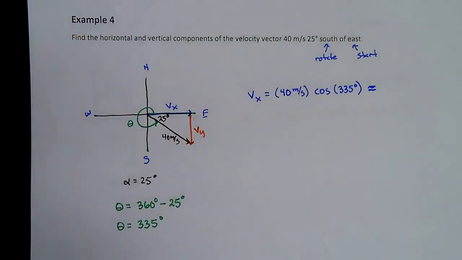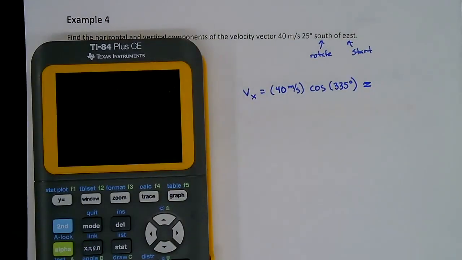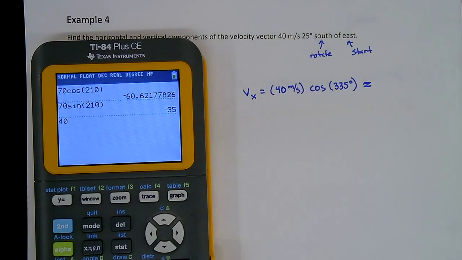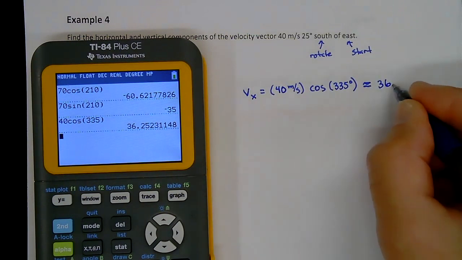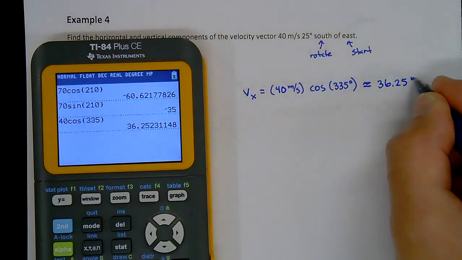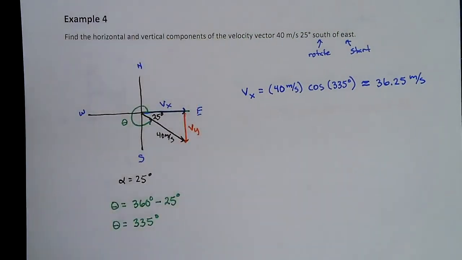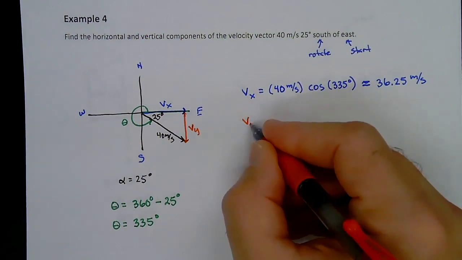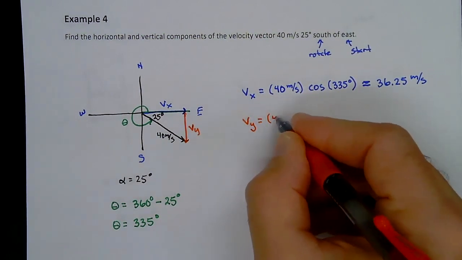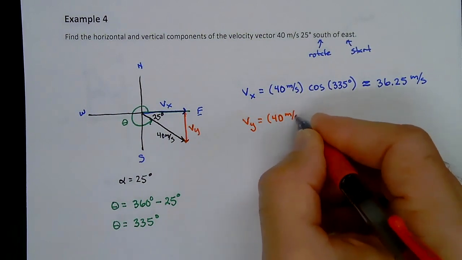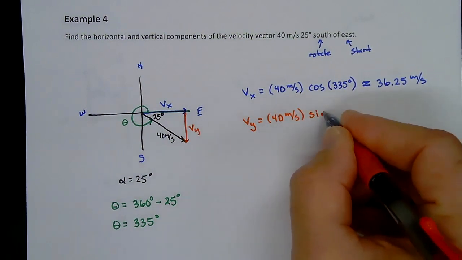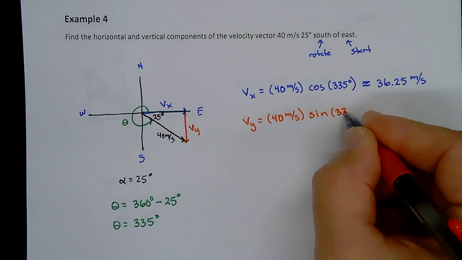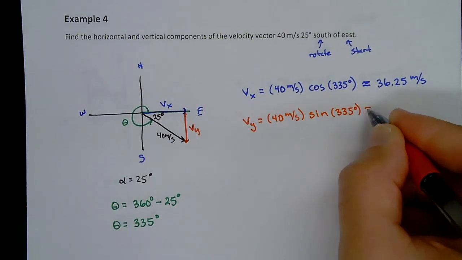So 40 cosine 335 degrees gives you 36.25. So this is 36.25 meters per second. To get our vertical component, V sub y, that would be 40 meters per second sine of 335 degrees.